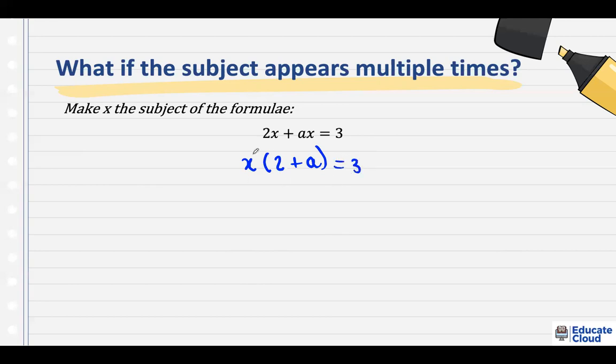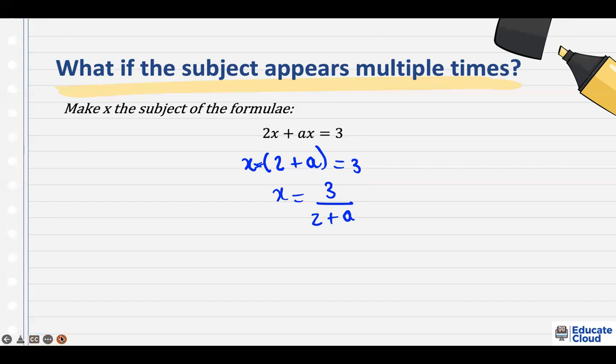Now brackets just means whatever's outside is being times by everything inside. So x is multiplied by 2 plus a. So you're going to divide by 2 plus a on both sides. So you'll just get 3 over 2 plus a, and that is actually just the solution. You've made x the subject of the formula now.